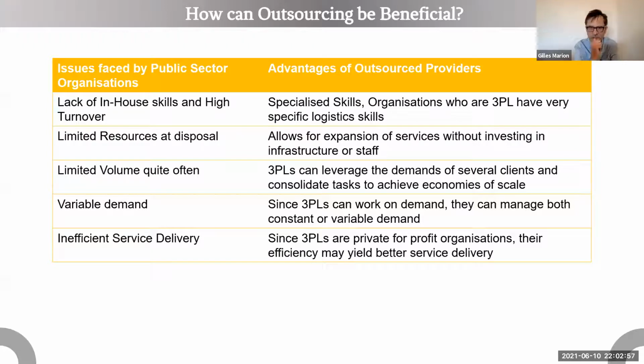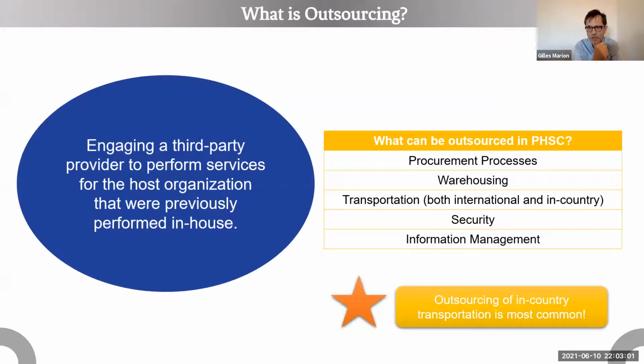I just want to mention that we talk here about third-party logistics. We are now more and more talking also about fourth-party logistics and even fifth-party logistics. The difference is about the scope of responsibility you're going to take over, and the level of autonomy you can have as an external agent.